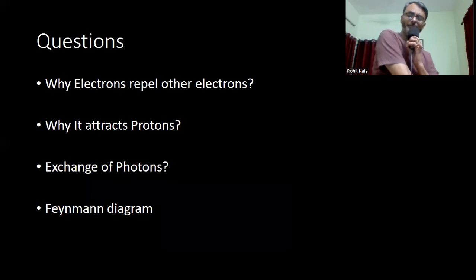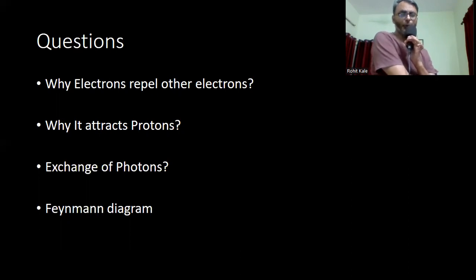Why is the electron attracted by the proton? And the typical answer is exchange of photons. One electron approaches the other electron and sends a photon to it, and that photon carries momentum with it. So the electrons exchange photons, and that's how they repel each other.